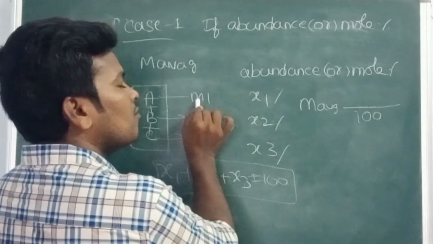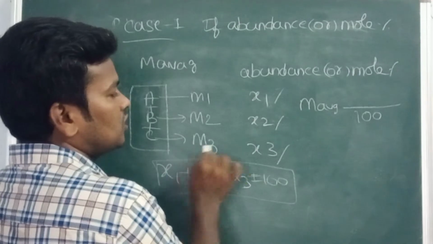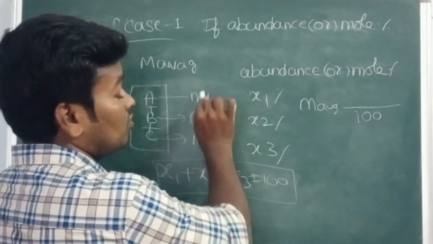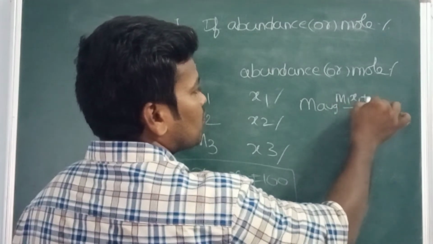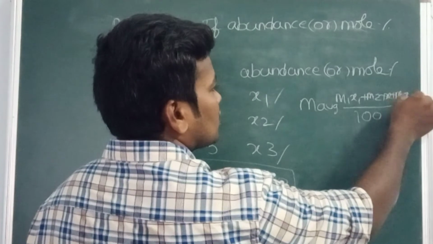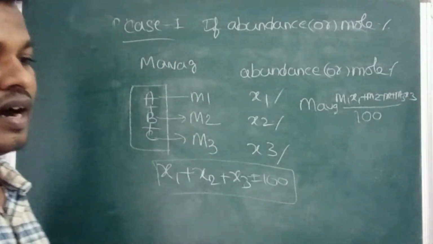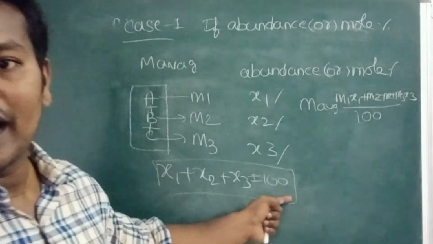Nothing but what? M1 into x1 by 100, M2 into x2 by 100, M3 into x3 by 100. The sum of all the molecular masses we will take: M1 x1 plus M2 x2 plus M3 x3 by 100. What I said, x1 plus x2 plus x3 is nothing but 100, no?